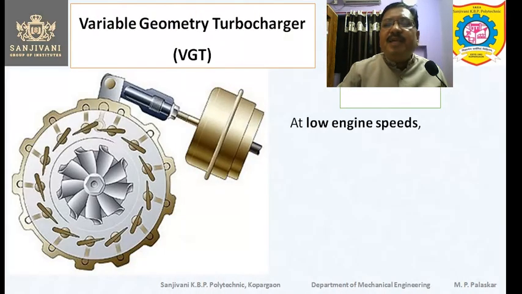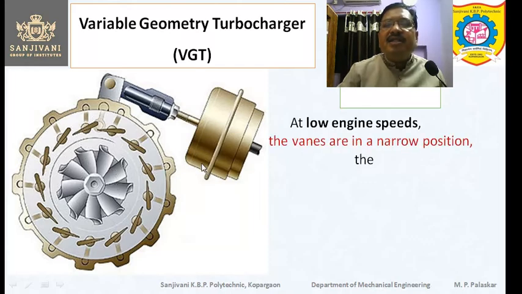So at lower speeds, what will happen? At lower speed, you can see that these vanes are in such a position that the area is minimum. They are maximum closed, right? So they are closing the passage. The area for the flow of the exhaust gases towards this turbine is reduced at lower engine speeds.